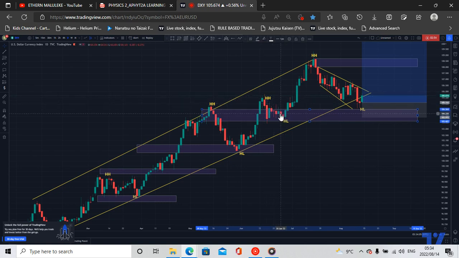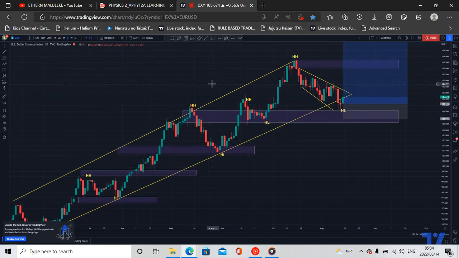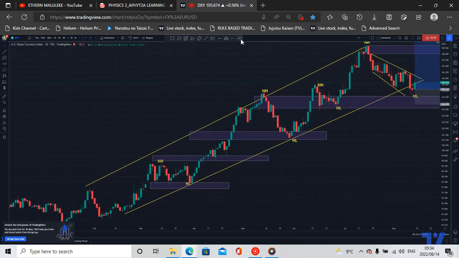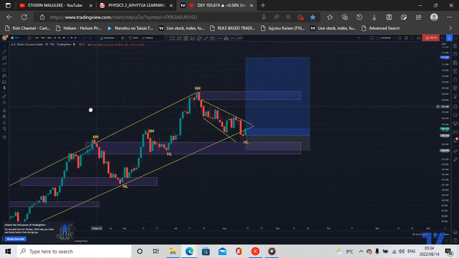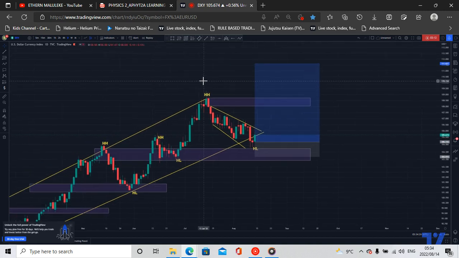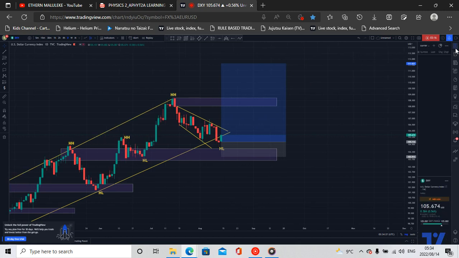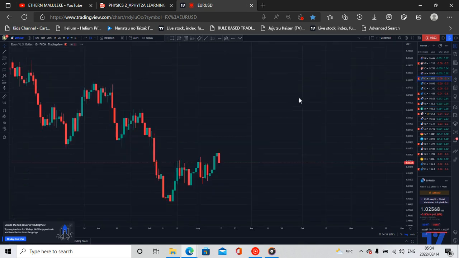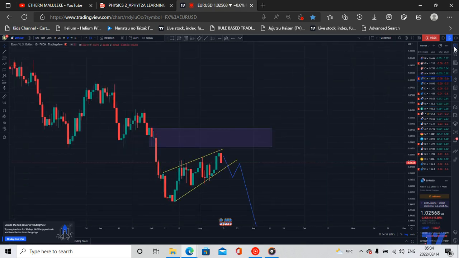We're testing our January high low, so we can go bullish on the dollar index and have better buys. When you have buys on the dollar index, it means Euro USD and GBP USD must have sells. These pairs must make sense.